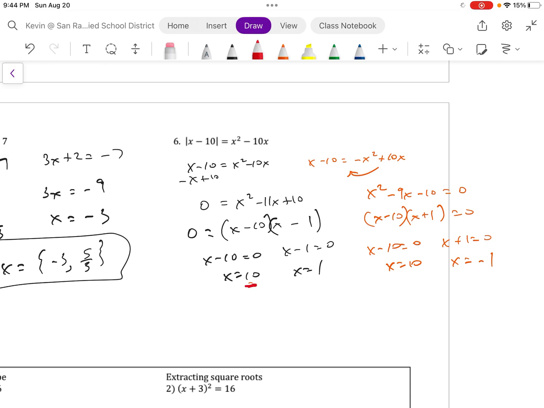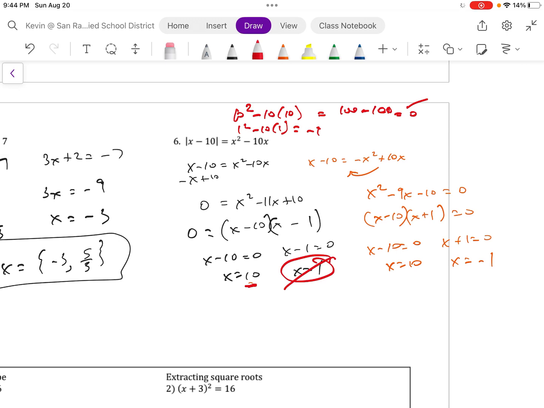So let's look at 10 first. Let's come up here. 10 squared minus 10 times 10. That's 100 minus 100. Okay, as long as it's not negative, it's okay. So I'm going to take that check, even though that equals 0. Then let's go 1. If I go 1 squared minus 10 times 1, well, that's going to be negative, right? It's going to be negative 9. So that cannot work.